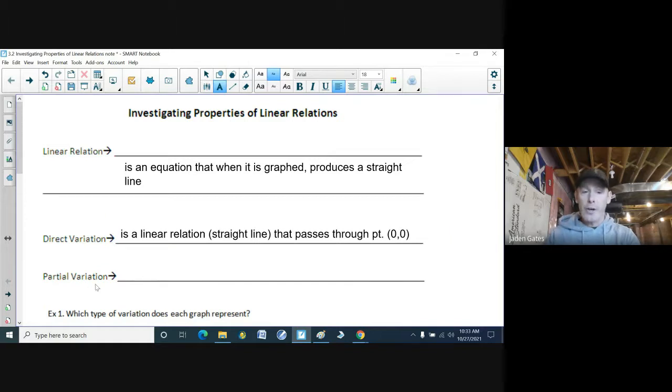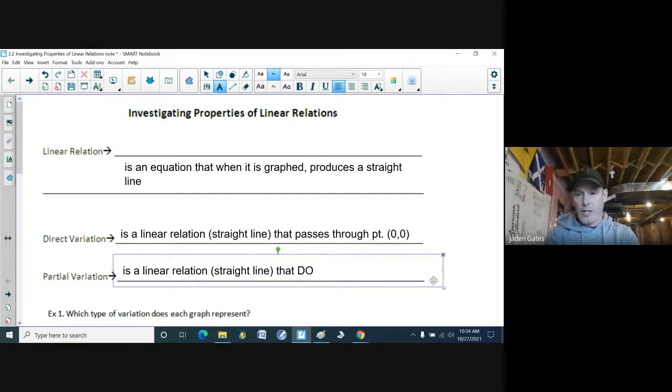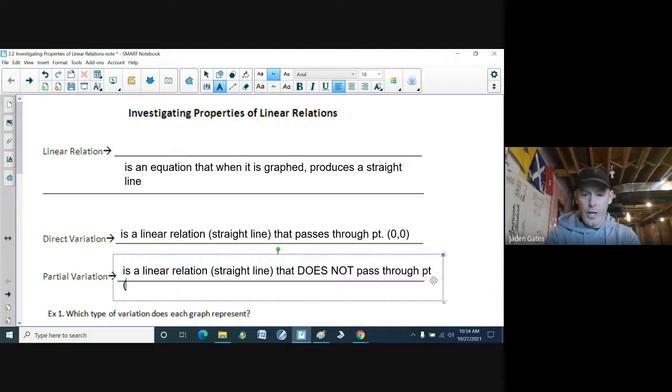Now, partial variation, really close, is a linear relation, again, which is a straight line when it's graphed, that does not pass through point 0, 0, our origin there. So one does and one doesn't.